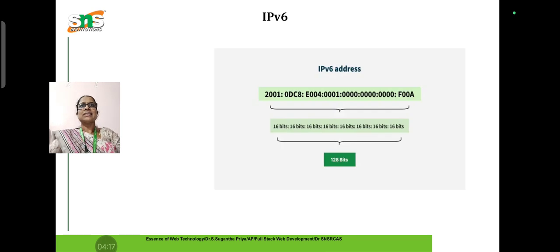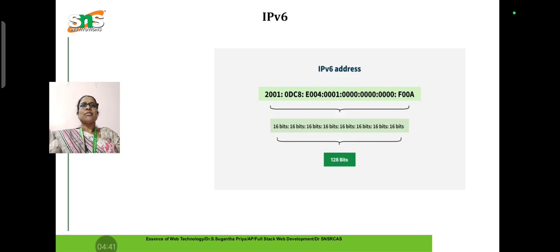Next is IPv6. The IPv6 addresses were created to deal with the shortage of IPv4 addresses. These use 128 bits instead of 32, offering a vastly greater number of possible addresses. These addresses are expressed as 8 groups of 4 hexadecimal digits, each group representing 16 bits. These groups are separated by colons.